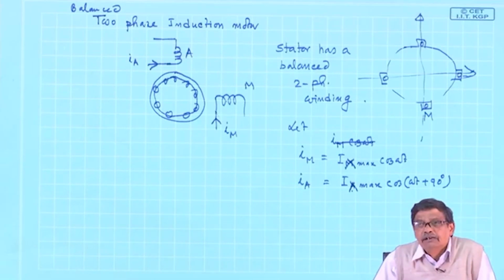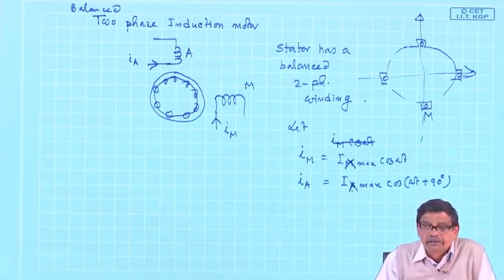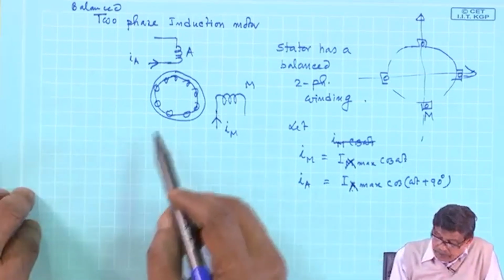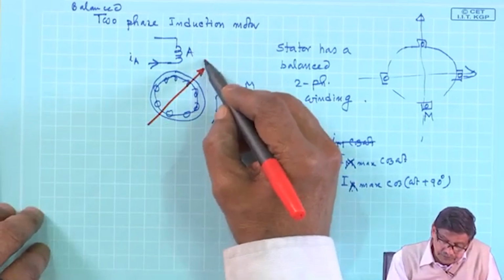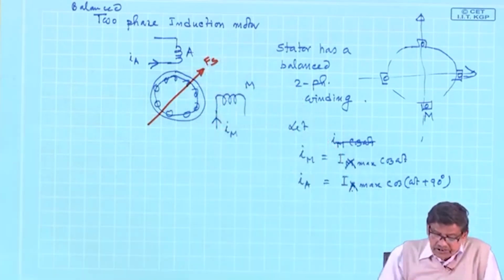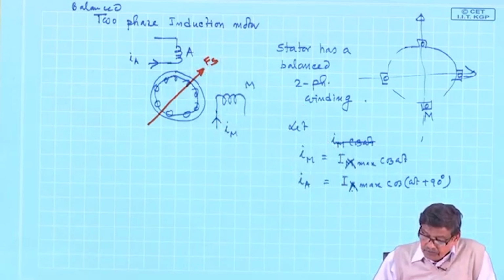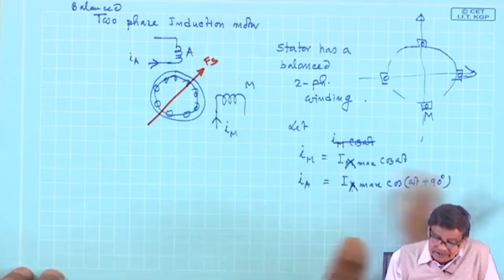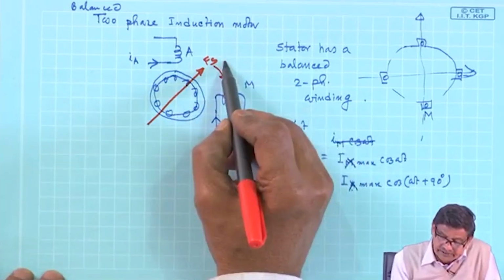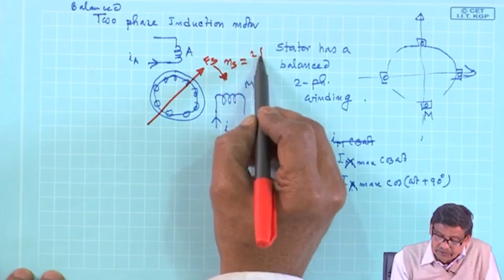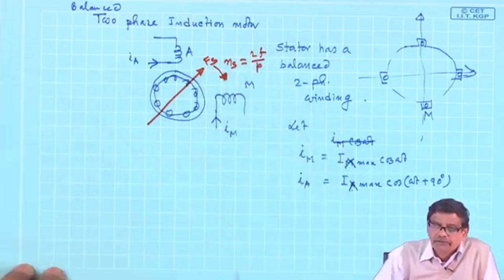The speed of that field is the synchronous speed, 2 f by p, where f is the supply frequency. Therefore, a rotating magnetic field will be produced. In which direction will it move? From the leading to the lagging phase, all these things will remain, in this case in this direction, n s equal to 2 f by p. This is known to me.